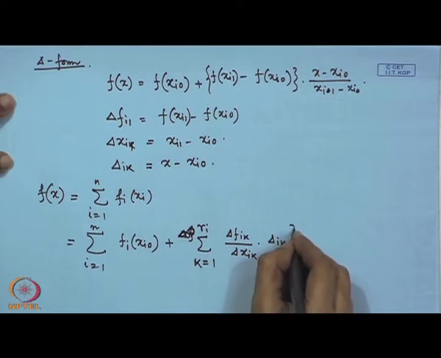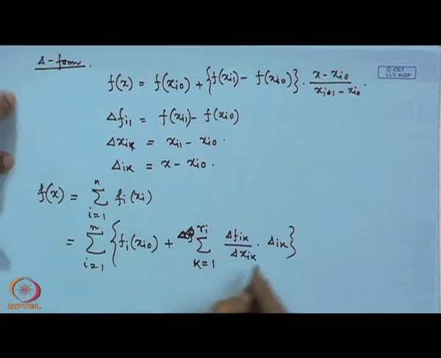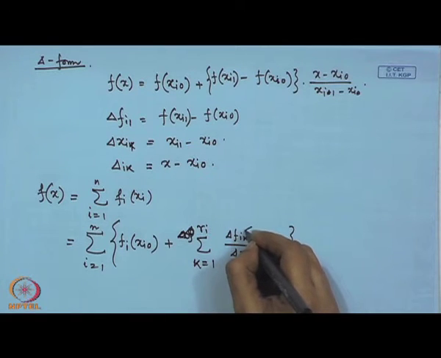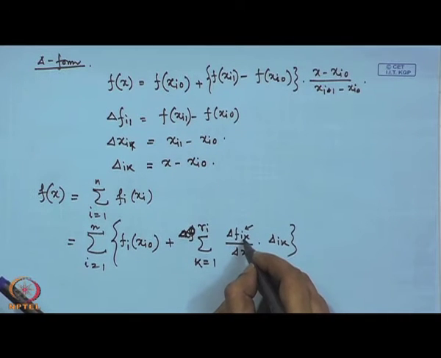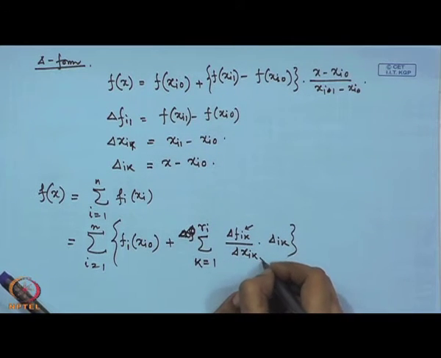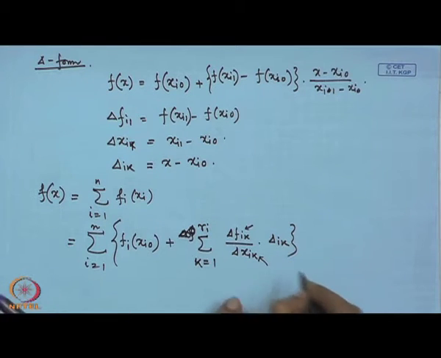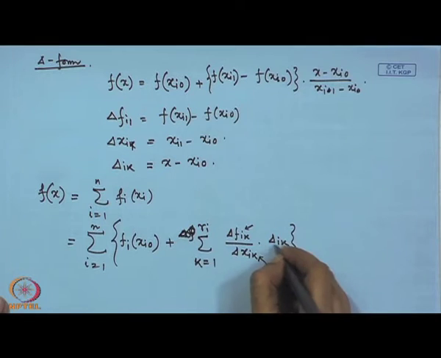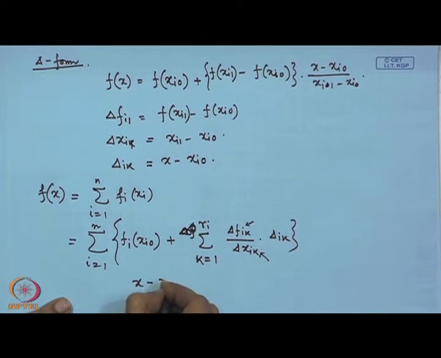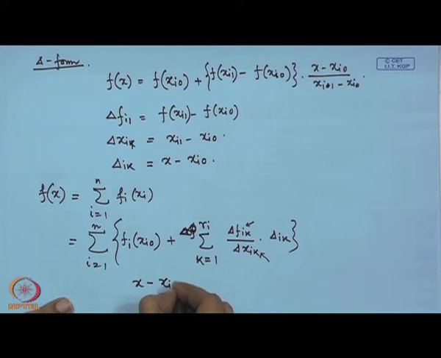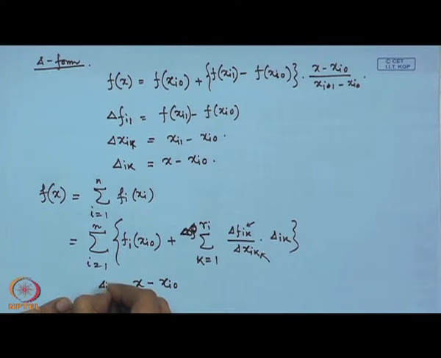All right. One thing you just see, this is a constant here, because we are considering the difference between the functional values at the k plus 1th grid point and the kth grid point. We are considering the difference of the grid points only. This is also constant. Only the decision variable is delta ik. And what is the value for delta ik?